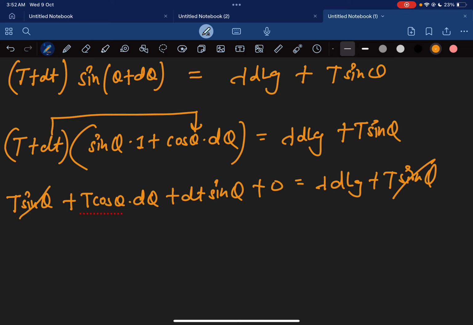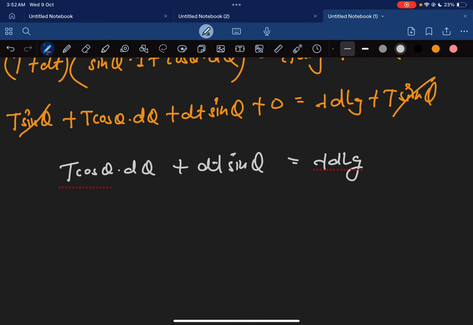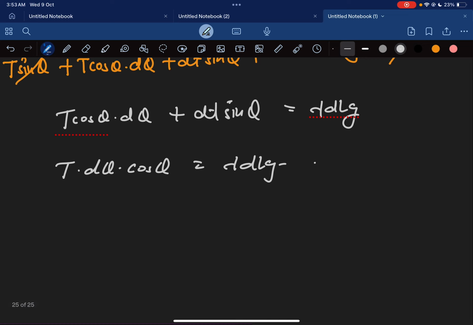Is equal to lambda dl g plus T sin theta. So just cancel these both T sin theta, and you are left with T cos theta d theta plus dT sin theta is equal to lambda dl g. Now take dT sin theta to the right, and we get T d theta cos theta is equal to lambda dl g minus dT sin theta.